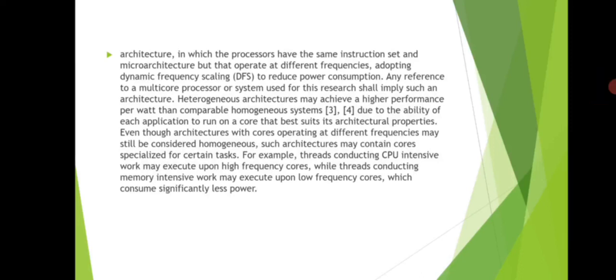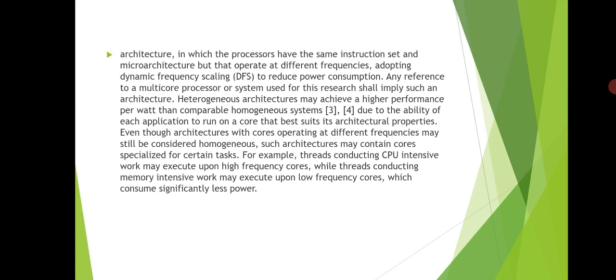architectures may achieve a higher performance per watt than comparable homogeneous systems, due to the ability of each application to run on a core that best fits its architectural properties. Even architectures with cores operating at different frequencies may still be considered homogeneous.